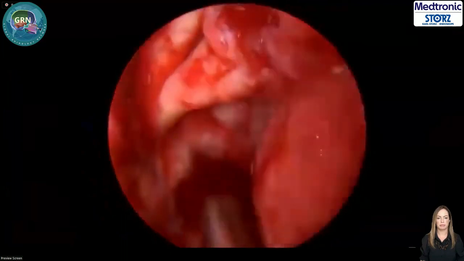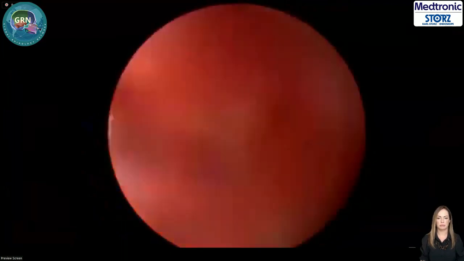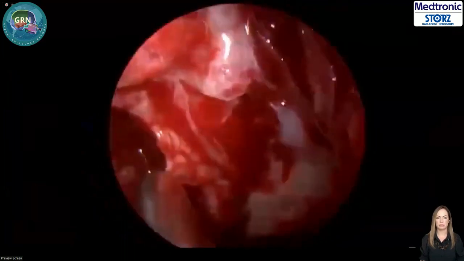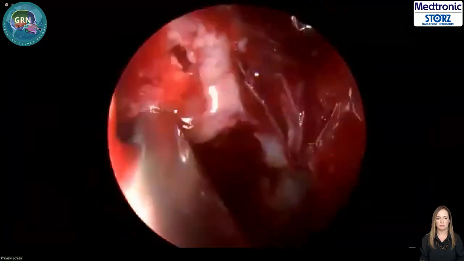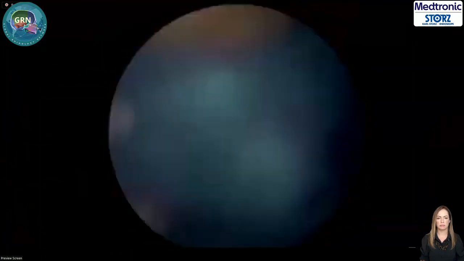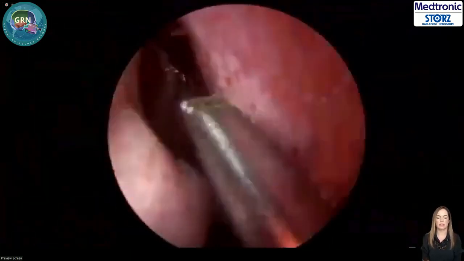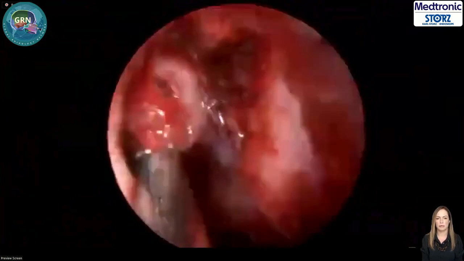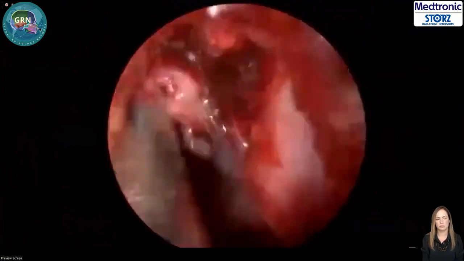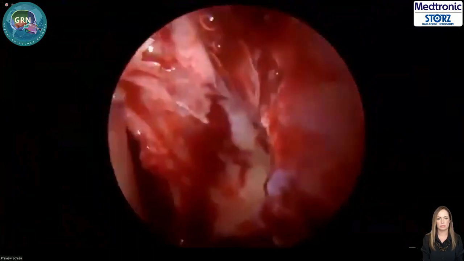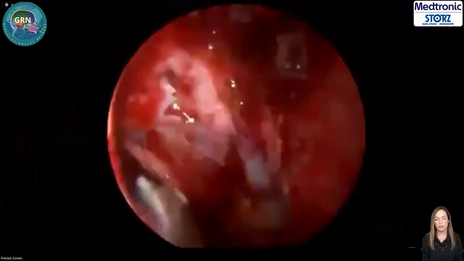In the clinic you can use the flexible scope and there is no problem to check all the different angles of the maxillary sinus. No issues.